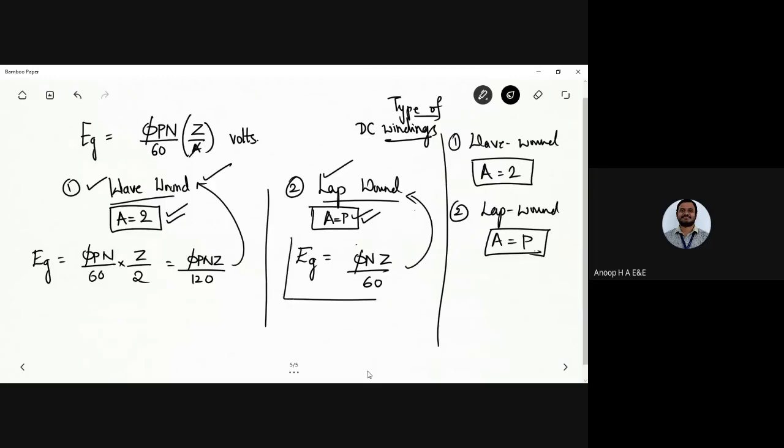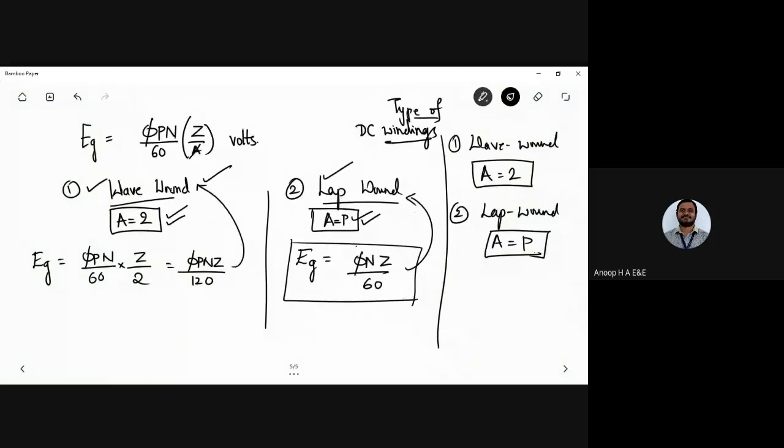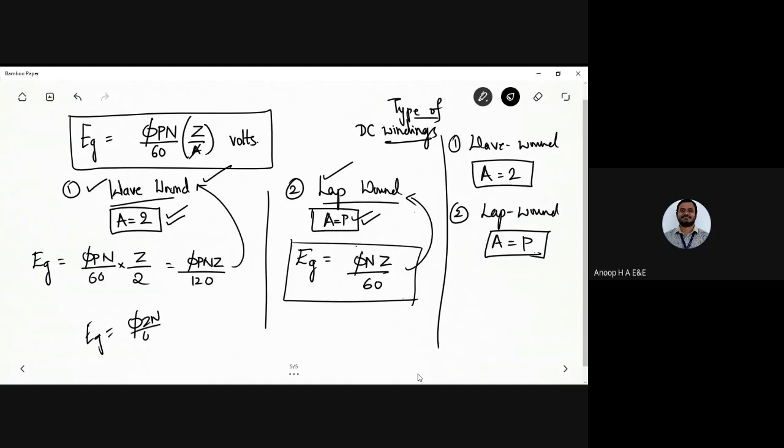So this is what we finish on the generated EMF. This is the EMF equation of a generator. Starting from the fundamentals, we concluded that the induced EMF is ΦPN divided by 60 into Z by A. You can also represent EG as ΦZN divided by 60 into P by A, where P and A cancel in the case of lap wound.